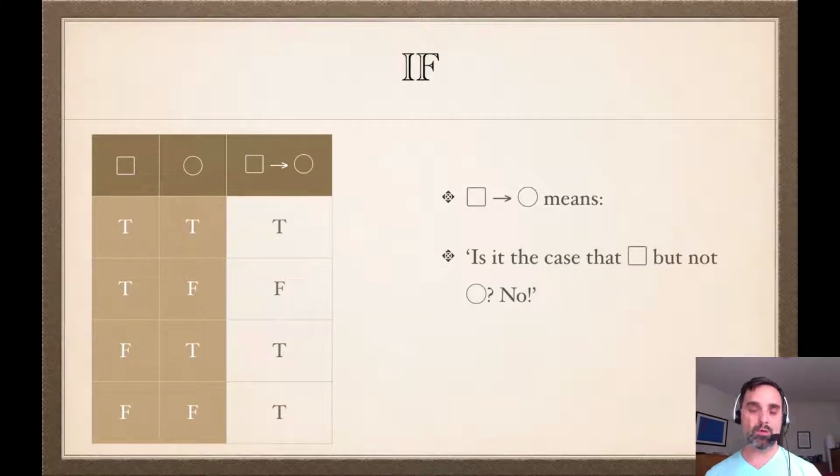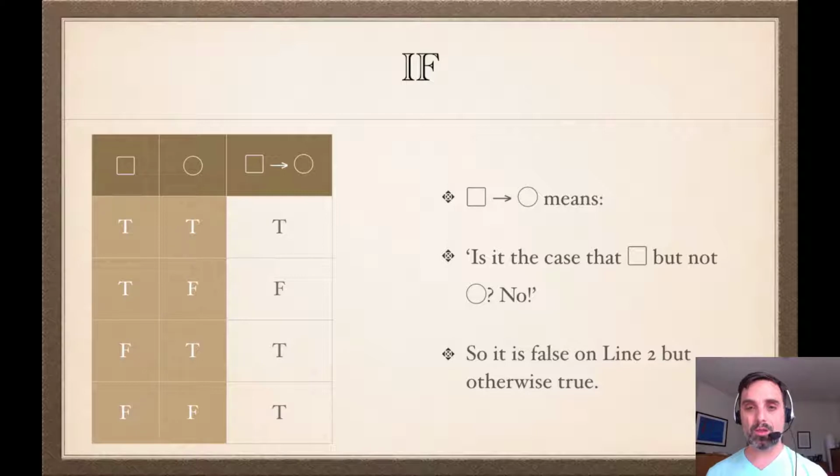And so one way we can think about what the conditional means is, is it the case that square is true but circle is not? No, that's not the case. That's what our formal conditional means. So it's false on line 2, but it's true otherwise.